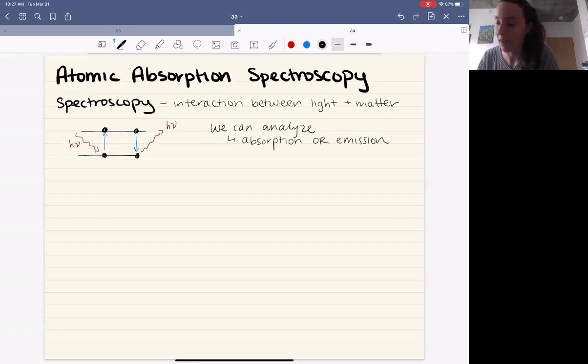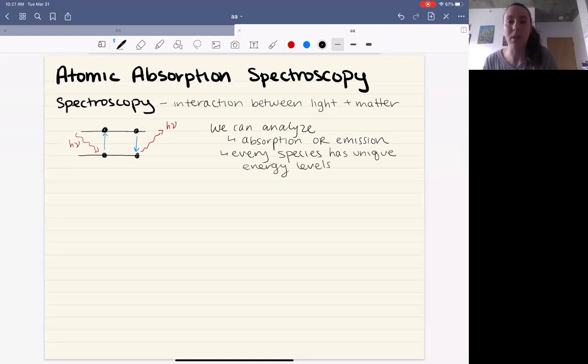There are a bunch of different applications for this, but the main thing to take away is that it relies on the fact that every species will have unique energy levels. And that helps allow us to either identify components of a mixture, or we can look at concentrations of a certain species because we can identify it.